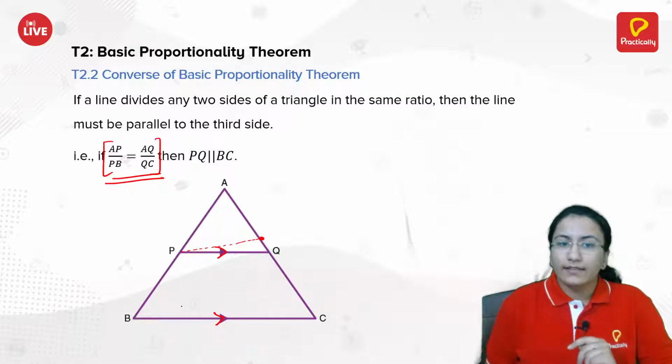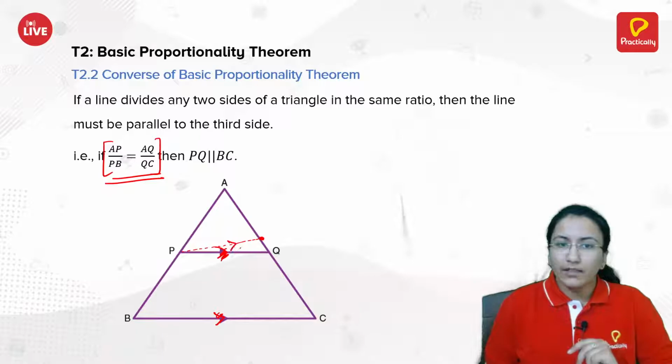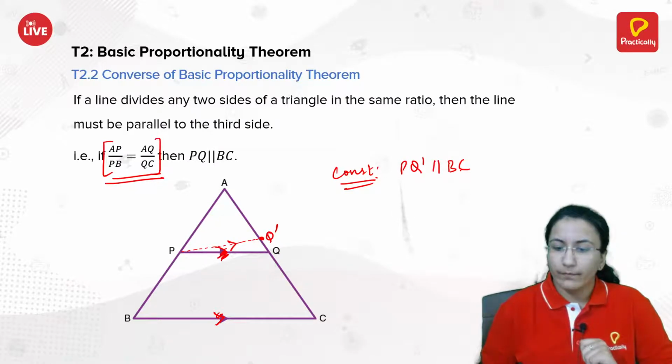Suppose this line is not parallel to BC. If these are not parallel, there must be some line passing through P which is parallel to BC. So suppose that PQ dash is parallel to BC. I have constructed a line PQ dash which is parallel to BC, right?